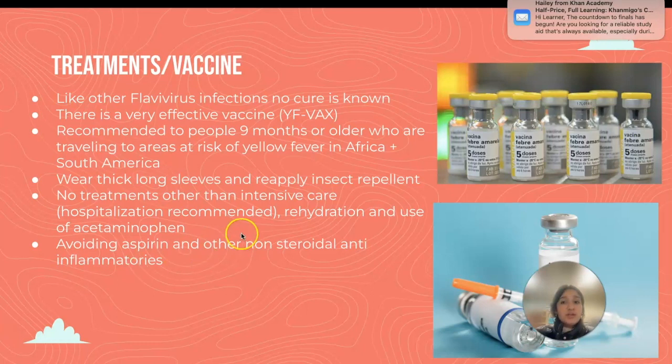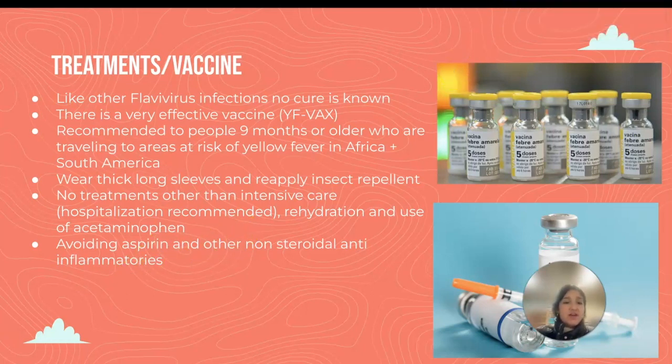There are not really any treatments other than intensive care and rehydration and the use of acetaminophen. Doctors make sure to avoid aspirin and other non-steroidal anti-inflammatories. This is because it increases intestinal bleeding due to their anticoagulant effects.